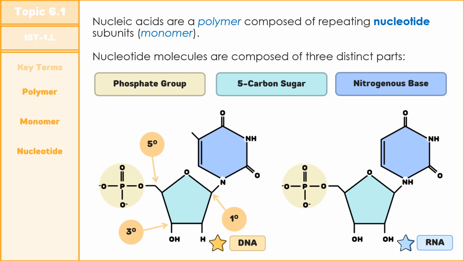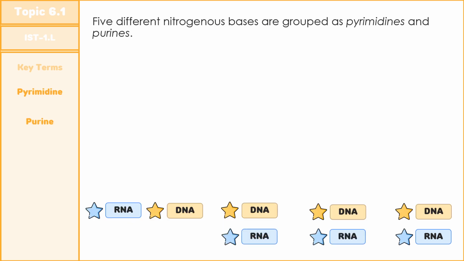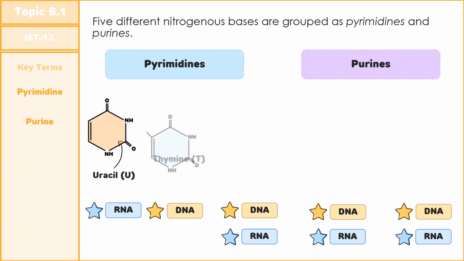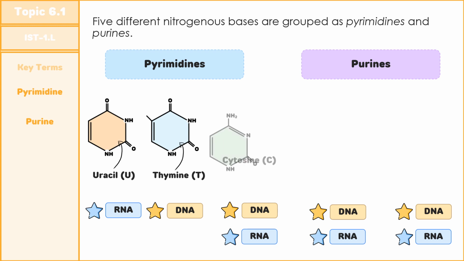So we actually have two different types of nitrogenous bases. We have the pyrimidines and purines. Our pyrimidines include uracil, which is only found in RNA, thymine, which is only found in DNA, and cytosine, which is found in both DNA and RNA.